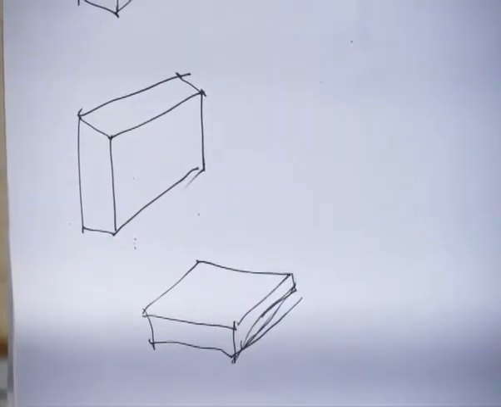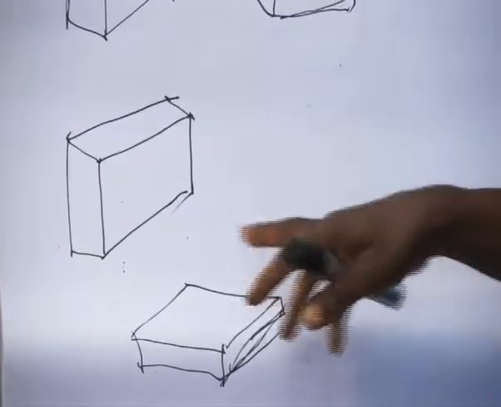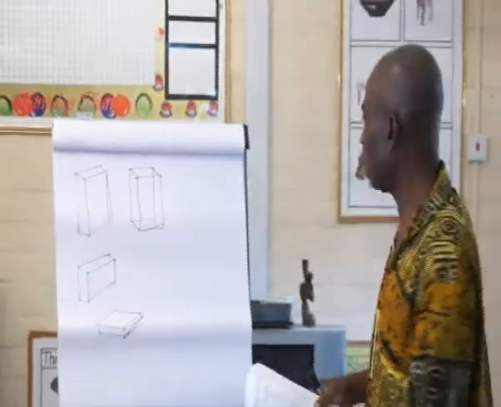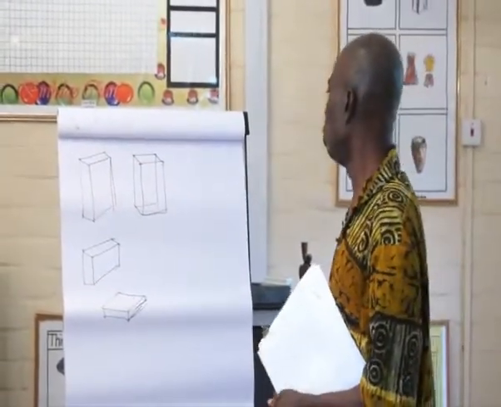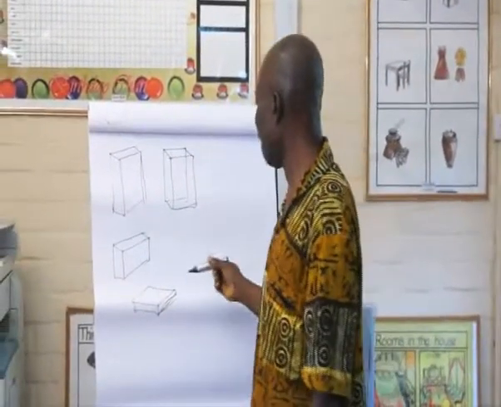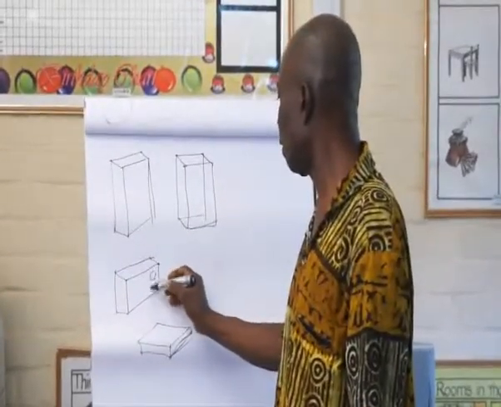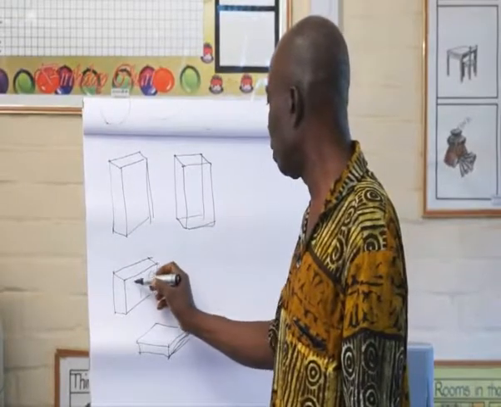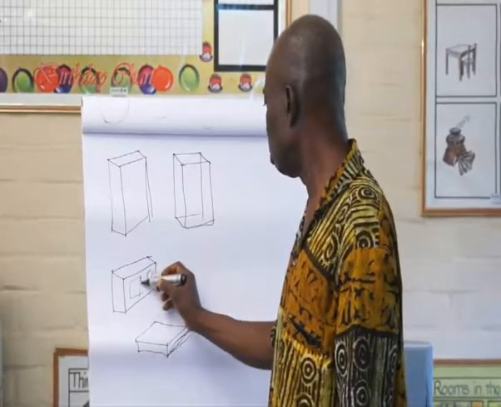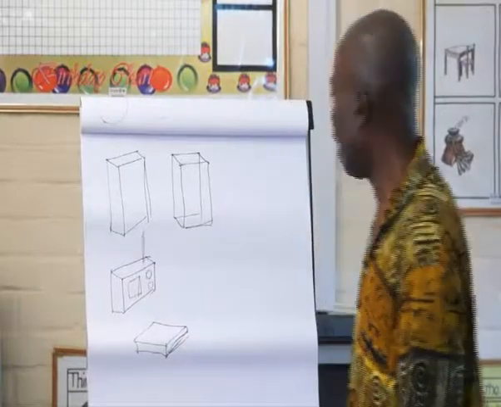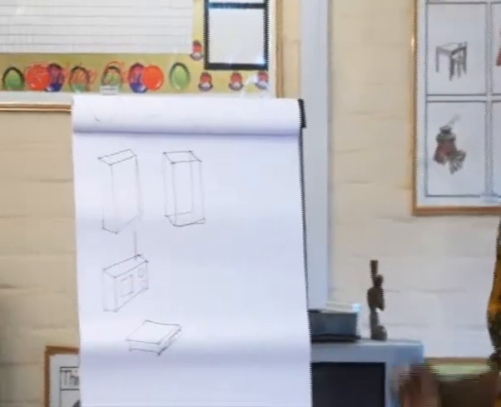But as teachers, we will only be concerned with simple things we can get from these items. For example, this one, if you just add a round object here, then put triangle here, and then put a line here, at least the child has an idea of a radio.